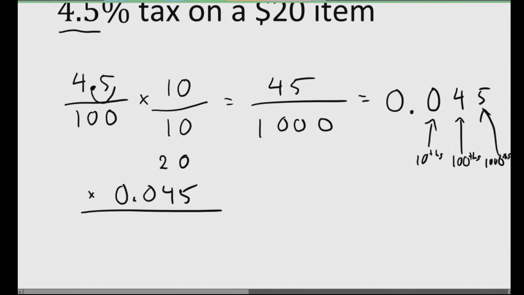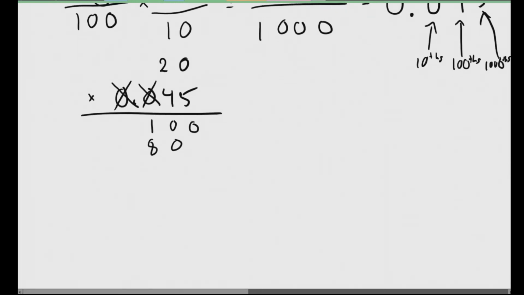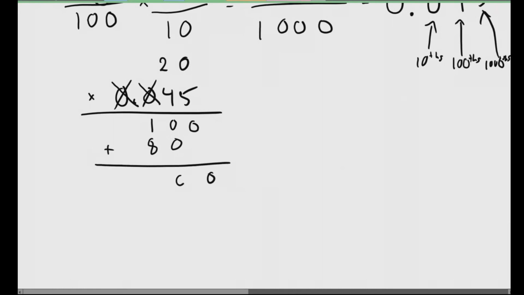5 times 20 is equal to 100. 4 times 20 is equal to 80. And we're going to skip these parts because we don't want to multiply zeros. Add these two bad boys up. 9.